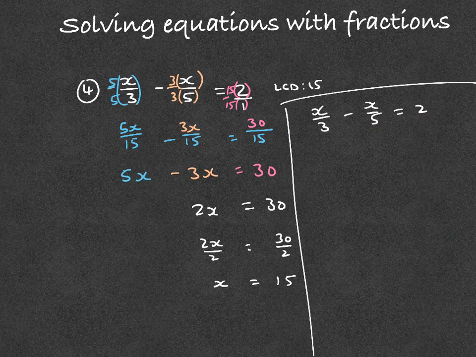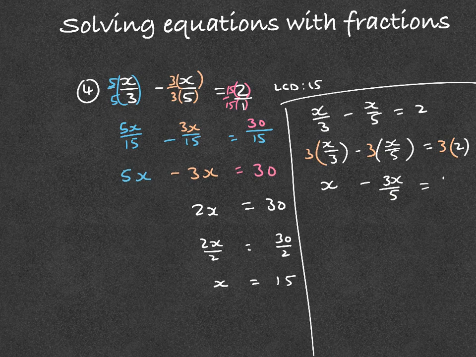So in other words, this is like multiplying that term by 3, multiplying the next term, x over 5, by 3, and multiplying the last term by 3, which is equal to 2. So that then means that you've got x minus 3x over 5 is equal to 6.